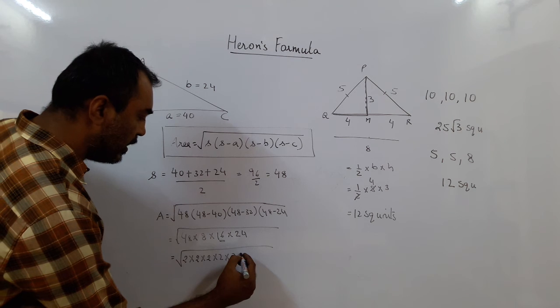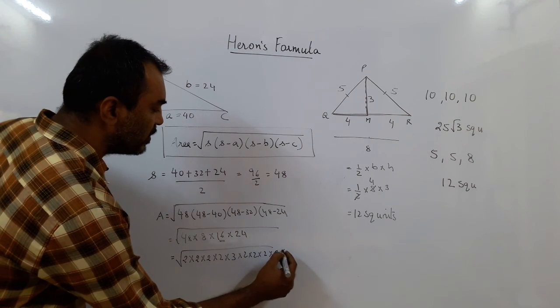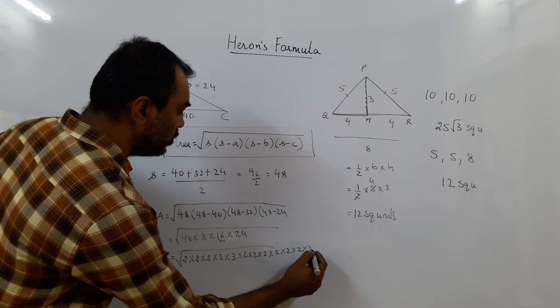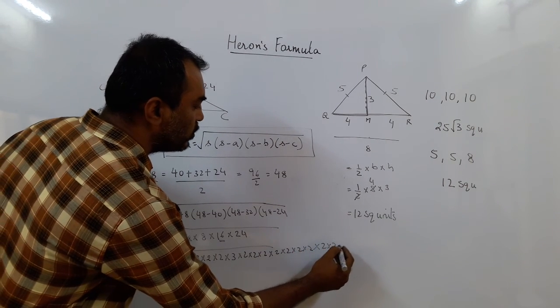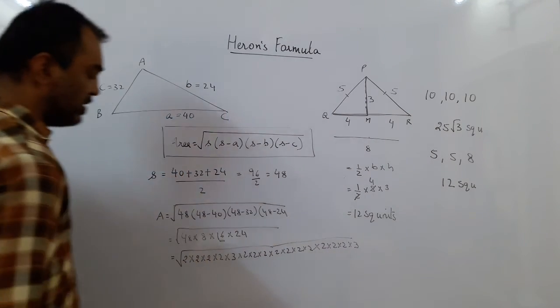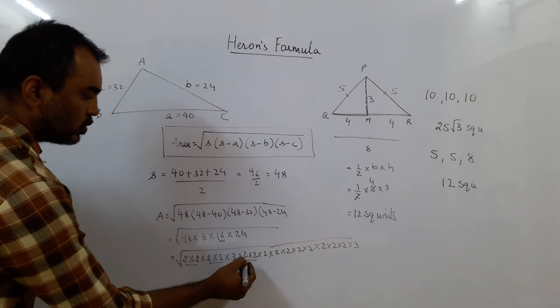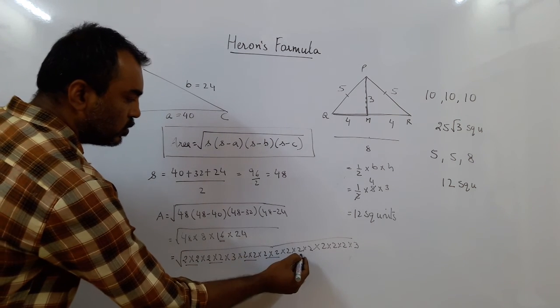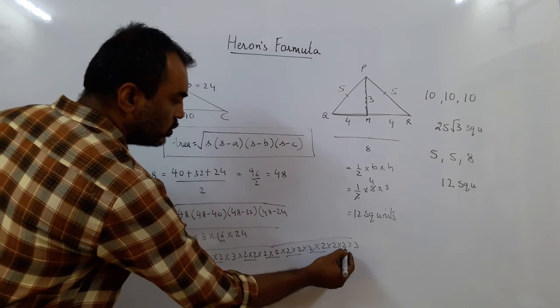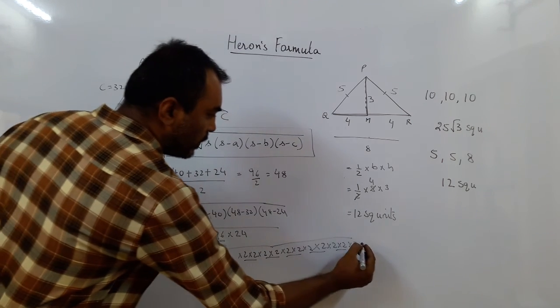I'll show the other one also. 8 can be written as 2 into 2 into 2. 16 can be written as 2 into 2 into 2 into 2. And 24 can be written as 2 into 2 into 2 into 3. This is one prime factorization method, the easier one. Now pair them up: 2, 2, 2, 2, 2, 2, 2. And those 2 3s also will pair up.